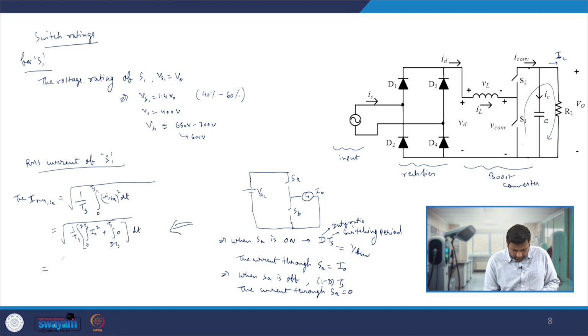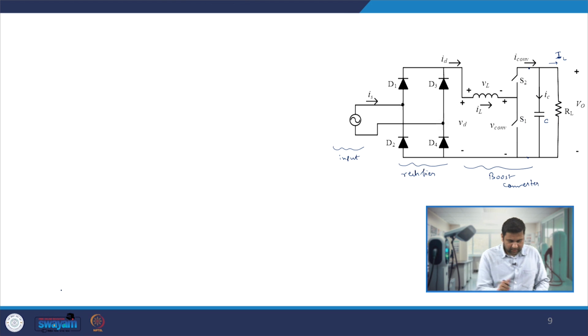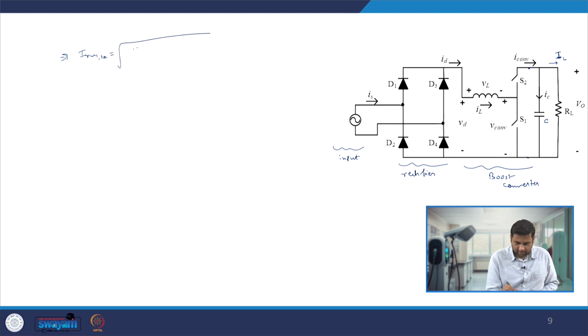Now this will be nothing but 1 by Ts, and I naught will come out, and the integration of dt going from 0 to dTs gives you ISA square equal to 1 by Ts I naught square.